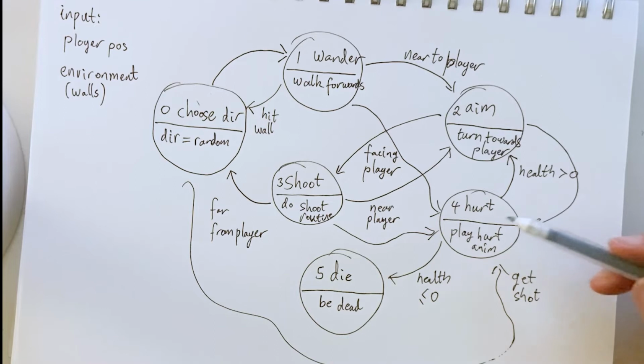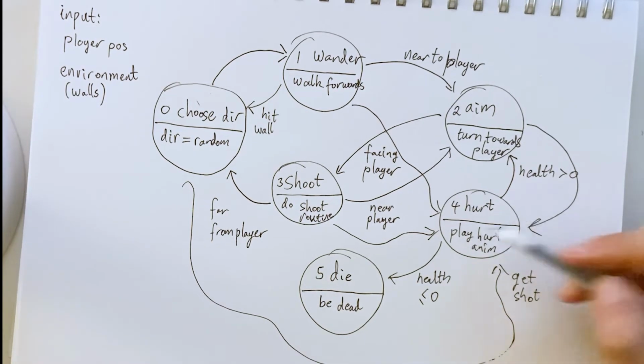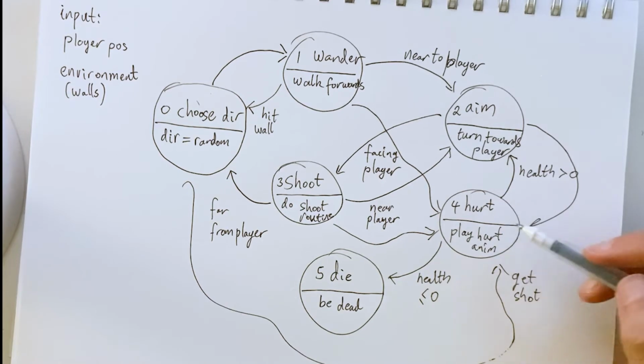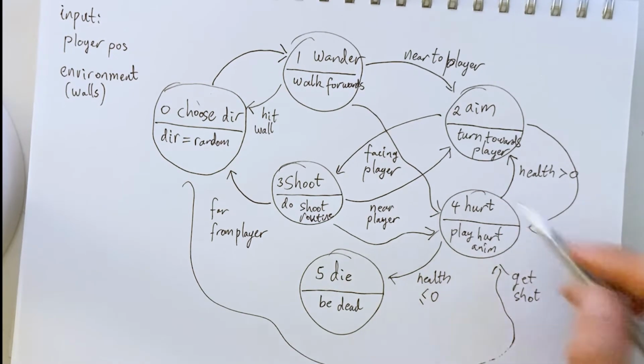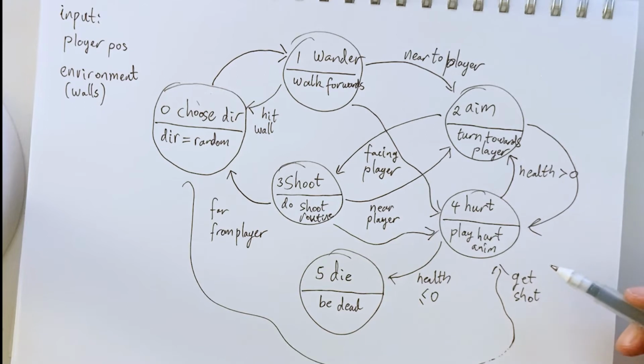We could, when the enemy gets shot, set a binary flag or a variable within their fields, or we could keep track of the health, and then if health is reduced since the last frame, then do the hurt animation thing.